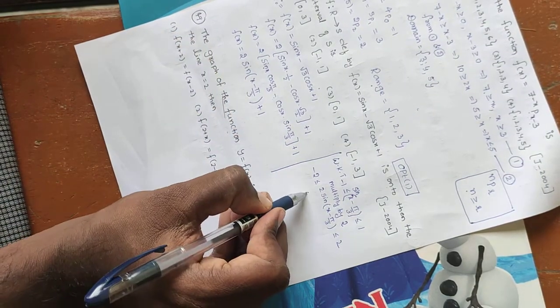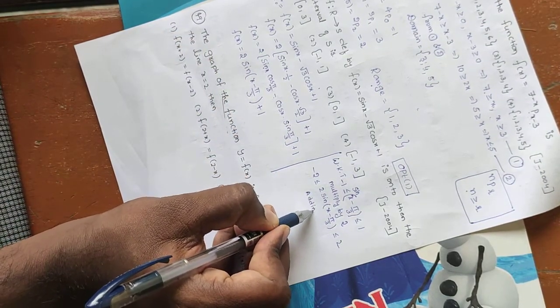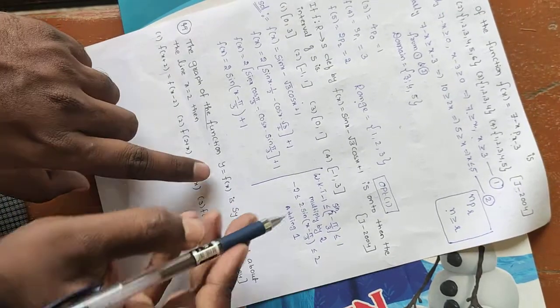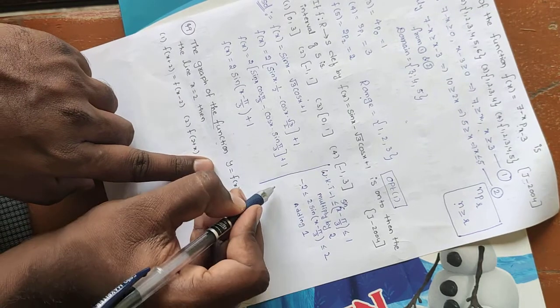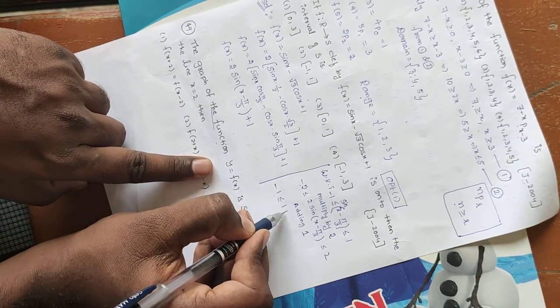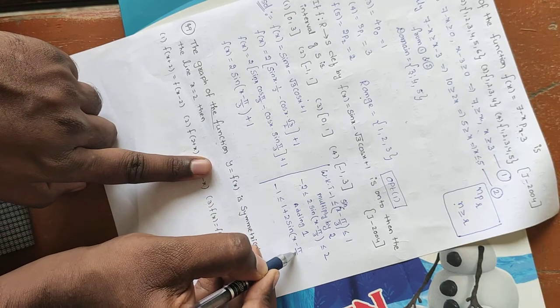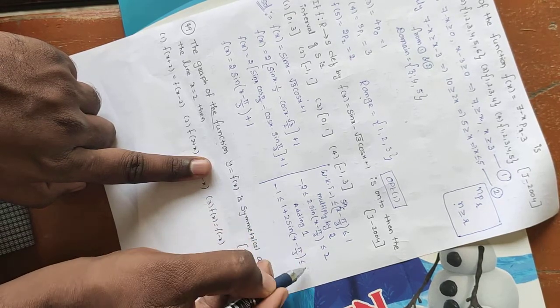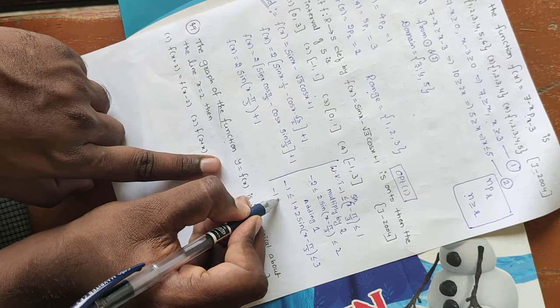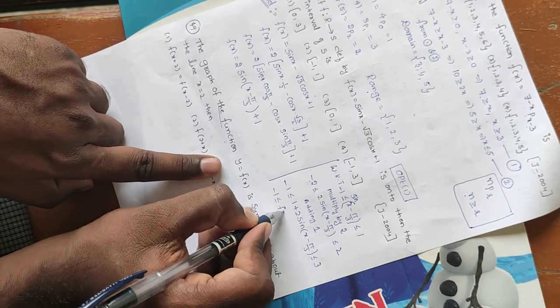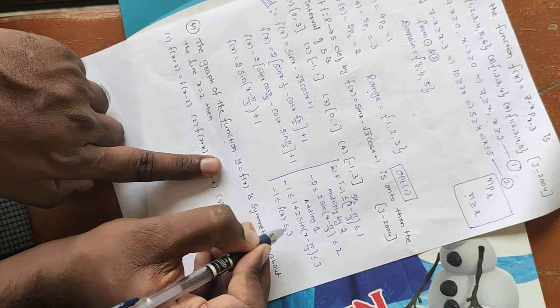Next, adding 1. If you add 1, 1 minus 2, that is minus 1, less than or equal to 1 plus 2 sin(x minus pi by 3) less than or equal to 2 plus 1, that is 3. Then minus 1 less than or equal to, this total can be written as f of x, less than or equal to 3.